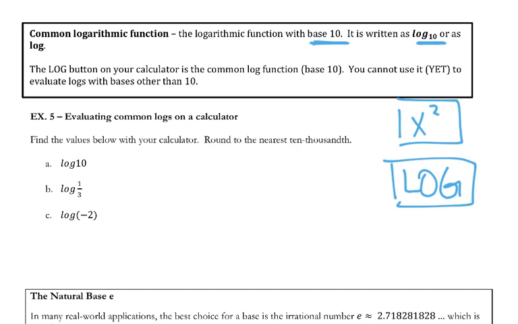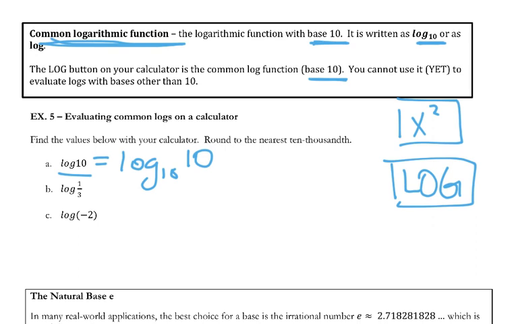We call log base 10 the common logarithmic function. So because it's the common log, or the log that is most often used, we don't have to write that it's base 10. If you just see someone write log of 10, it means that it's log base 10 of 10.